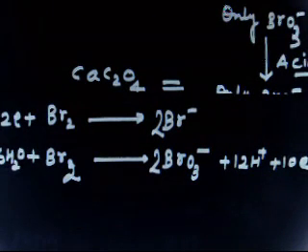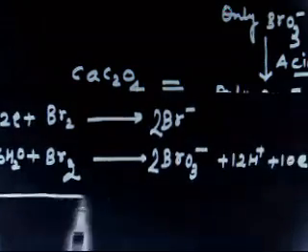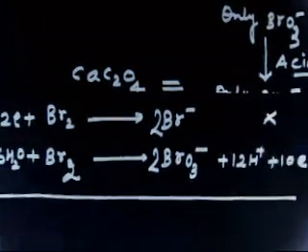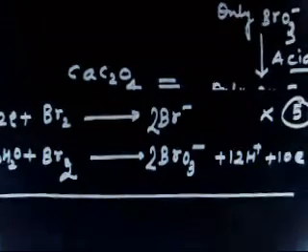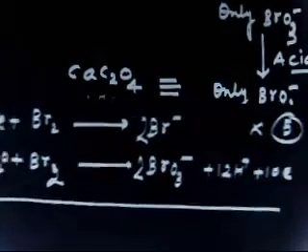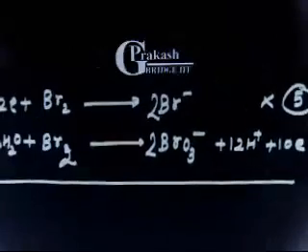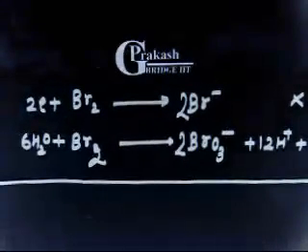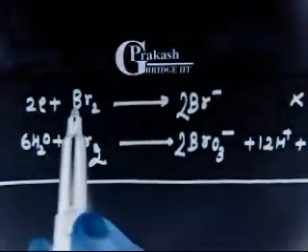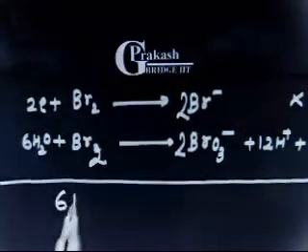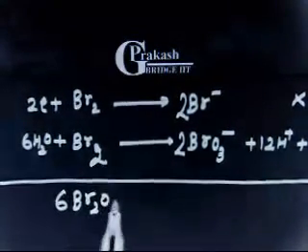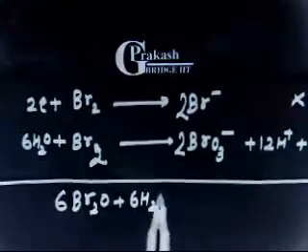I think it's okay. So let us multiply this equation by 5 and then add these two equations. So first equation, if I multiply by 5 and add, we have this side 5 Br2 plus Br2, so that is 6 Br2 plus 6H2O, electrons cancel out.